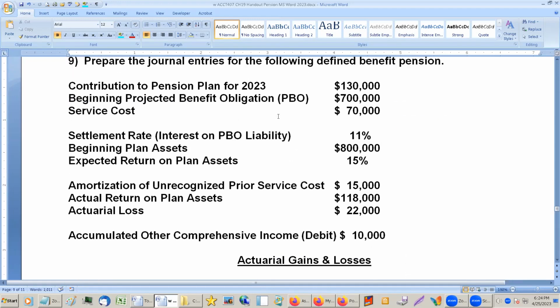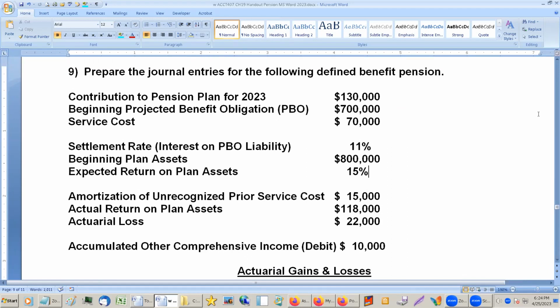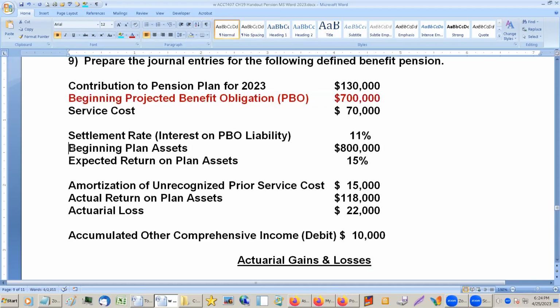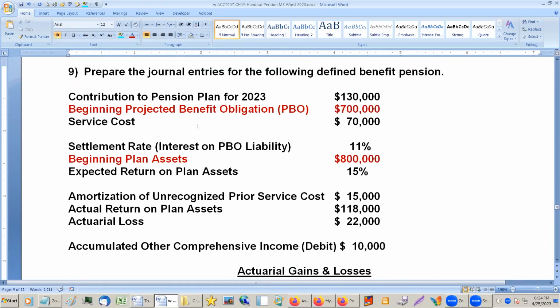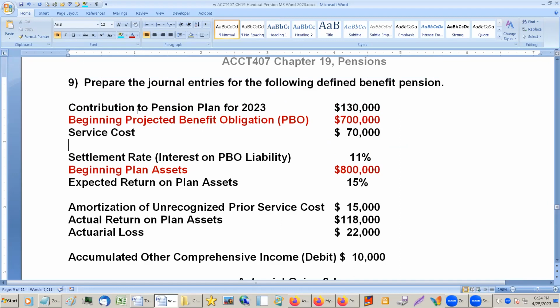By the way, what's a little bit unusual about number 9? It's not crazy unusual, but it's a little bit unusual. This is actually overfunded. At least at the beginning of the year, it's overfunded.